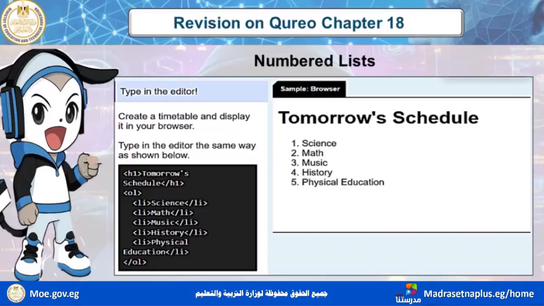Then followed by LI for the item science, closed by /LI, LI for the item math, closed by /LI, LI for the item music, closed by /LI, and LI for the item history, closed by /LI, and the last one is LI for physical education, closed by /LI. After finishing writing all items, we have to close the OL tag using /OL.